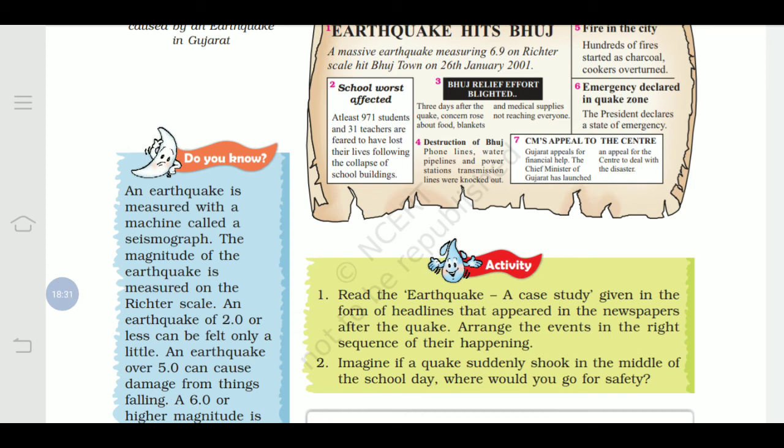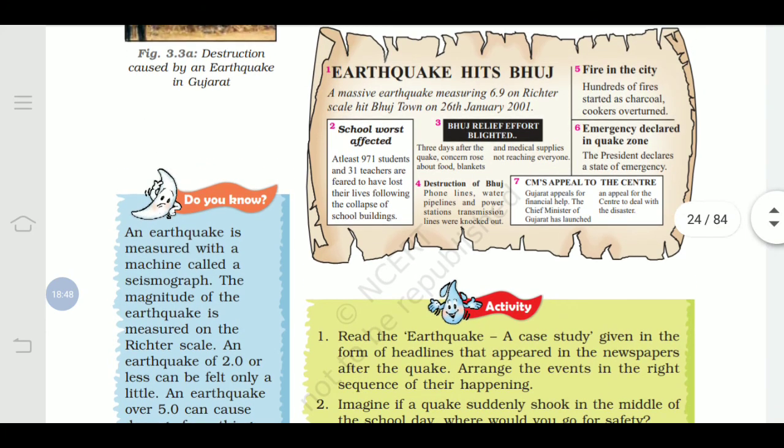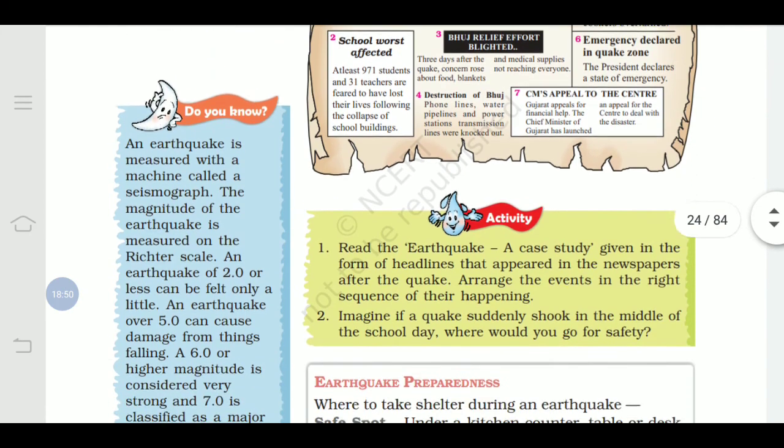And this happened also. Everyone got new houses, and it is now a transformed city compared to the past. But yes, the destruction that Bhuj was affected by was severe.